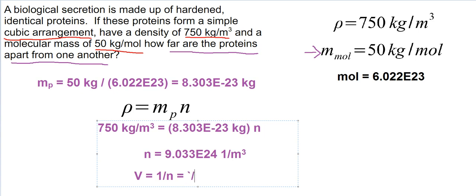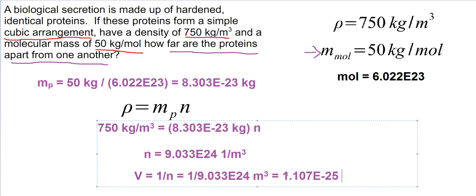So if you take 1 and divide it by 9.033 times 10 to the 24, this will give you the volume of each particle in cubic meters, and that'll be roughly how much space each one takes up. It comes out to 1.107 times 10 to the negative 25 cubic meters. Now, this seems like a real small number, but proteins are pretty small, and a cubic meter is actually very, very large. It's a decent chunk of volume.